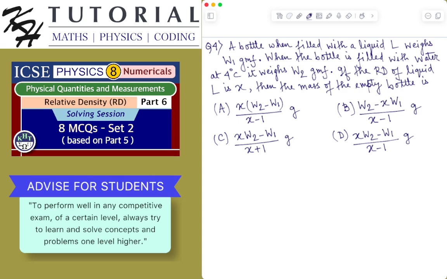So let's say, since the units of the mass are given in gram, let M gram be the mass of empty bottle. When the bottle is filled with water at 4 degrees centigrade, the relative density of the liquid L is given.